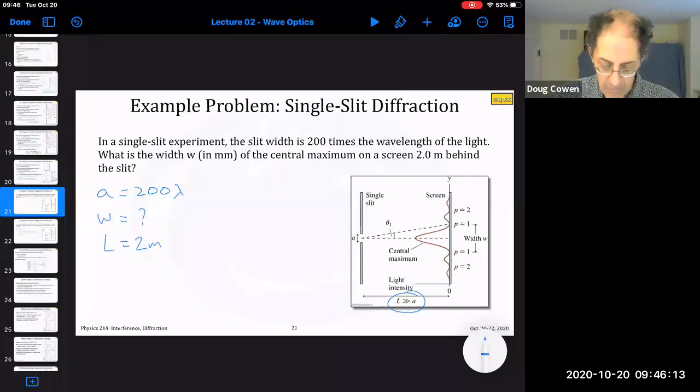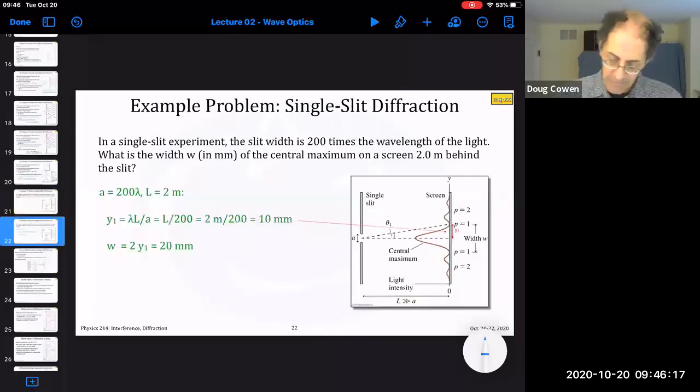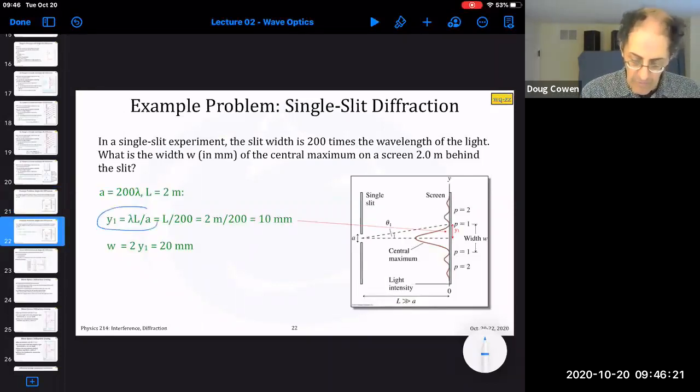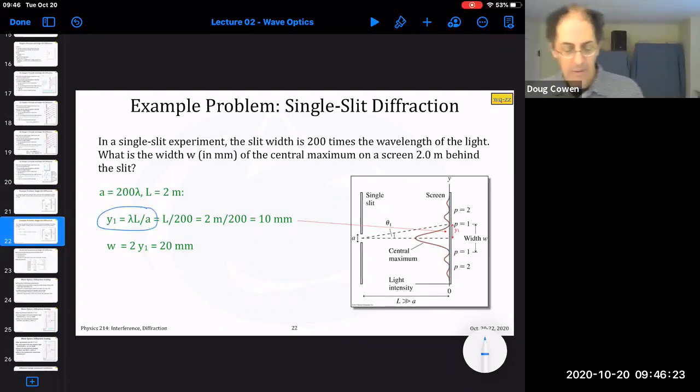So in order to work through this problem, after writing down the things that are given, you realize that you can just use the expression that y equals lambda L over A. And that will give you L over 200, or 2 meters over 200, which is 10 millimeters.